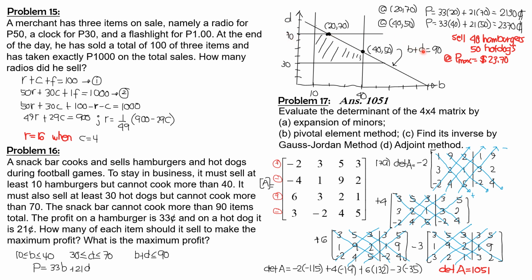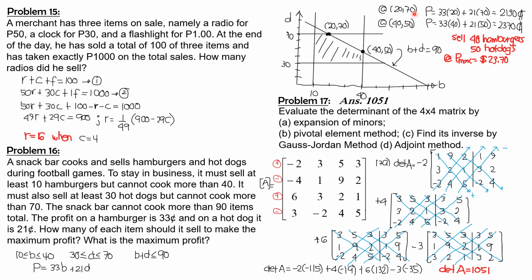Substitute here, if this is 70, B is 90 minus 70, so the number of burgers should be 20. Likewise, when the number of burgers is 40, then the hot dogs is 90 minus 40, 50. So this is 40 comma 50. Let us evaluate the profit at these 2 points only. We don't need to evaluate at these other points. Definitely they will not give us the maximum value.